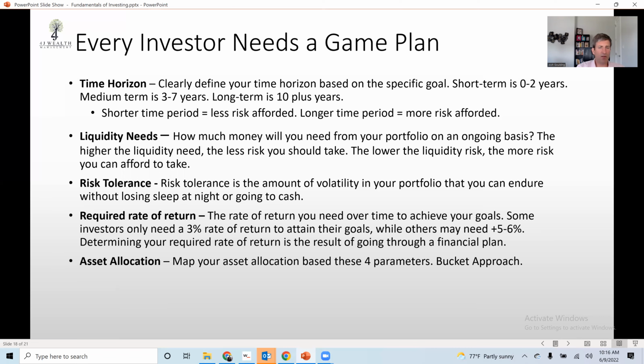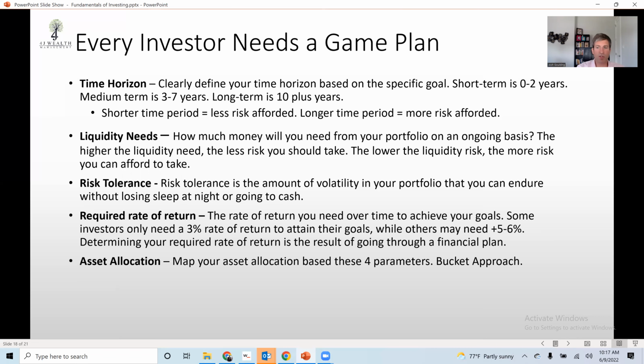Liquidity needs is how much money you are going to need from the portfolio on an ongoing basis, right? If you're going to need money from the portfolio over the next 2-3 years, you should not be taking much risk with the amount of money you're going to need over that time, because no one knows where the market's going to be in 2-3 years. The lower the liquidity risk, if the money's not going to be needed until years 10 through 15, then you can afford to take more risk, because that's a much longer time frame.